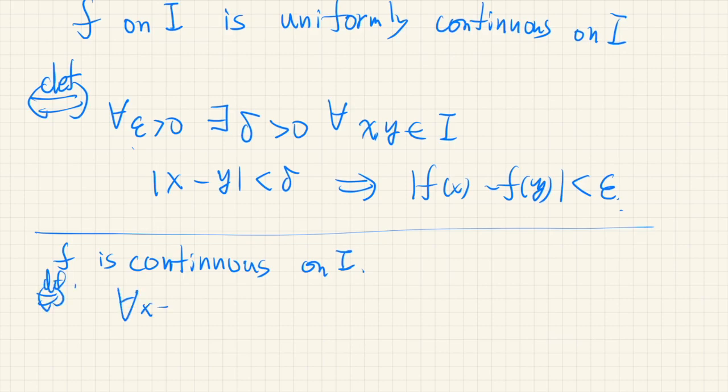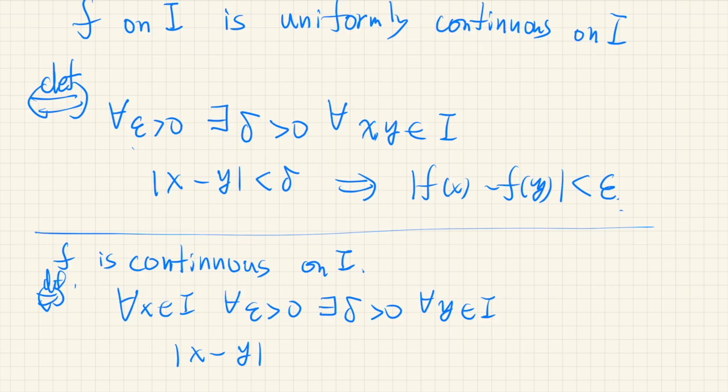For any x in the interval, for any epsilon that is positive, there exists some delta that is positive, such that for all y in the interval, the following holds. The distance between x and y is less than delta implies the difference between f of x and f of y is less than epsilon.